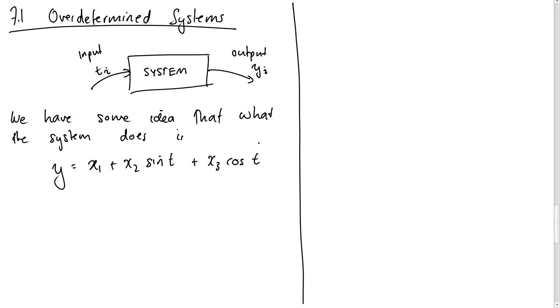We know something about the physics or the setup of our problem, so we have a guess that what it's actually doing is some kind of sinusoid like this. What we want to do, therefore, is work out what x1, x2 and x3 are.